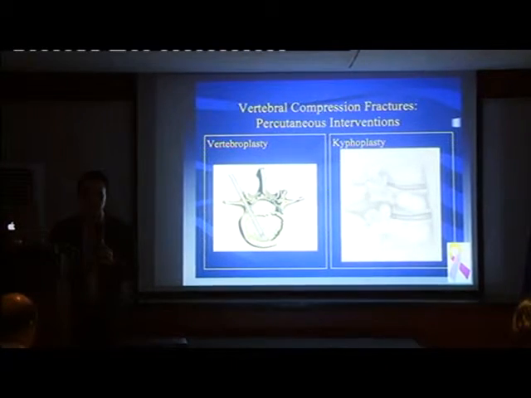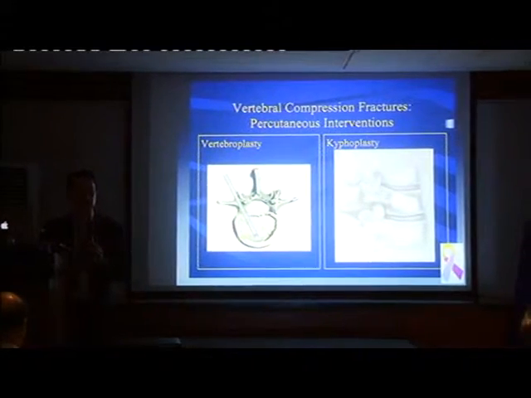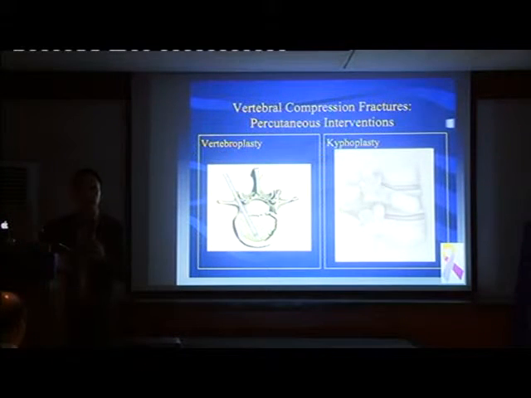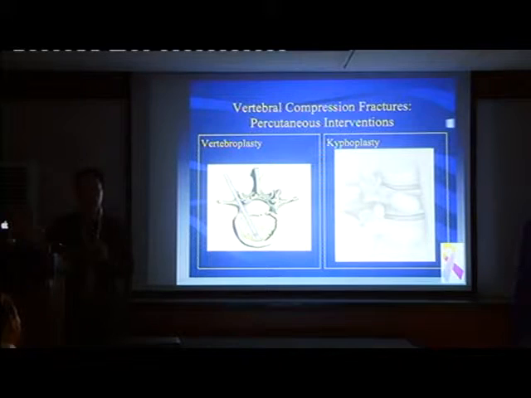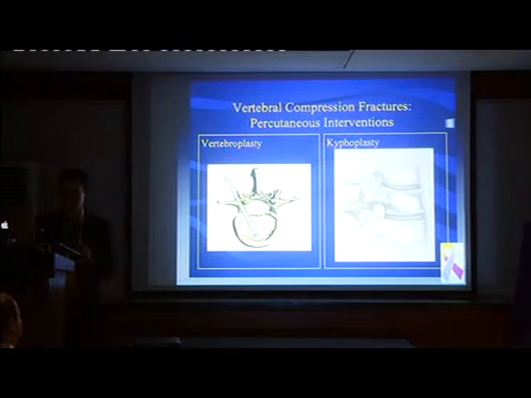A kyphoplasty is where you're creating a cavity. It's cavity creation either by a balloon, which is what they discovered first, balloon kyphoplasty, or now there are different ways to create a cavity, including coblation technology, implant technology, and also osteotomes. We're going to discuss that a little bit before we go on to the video.